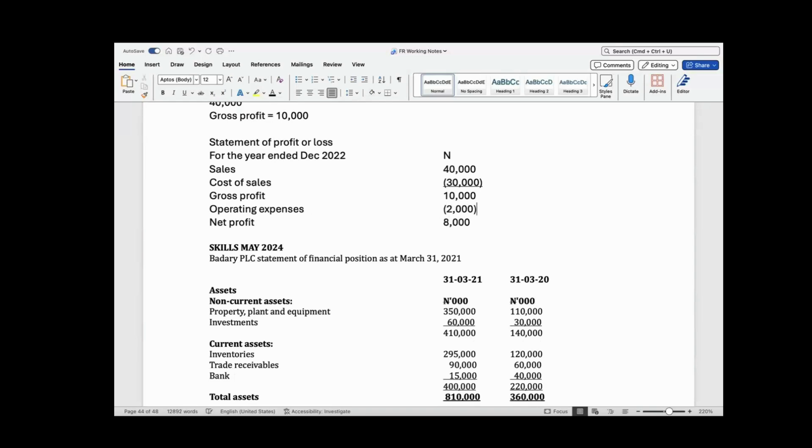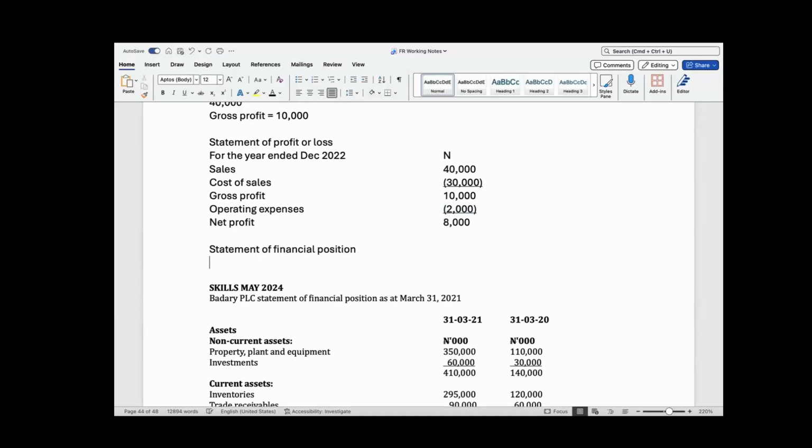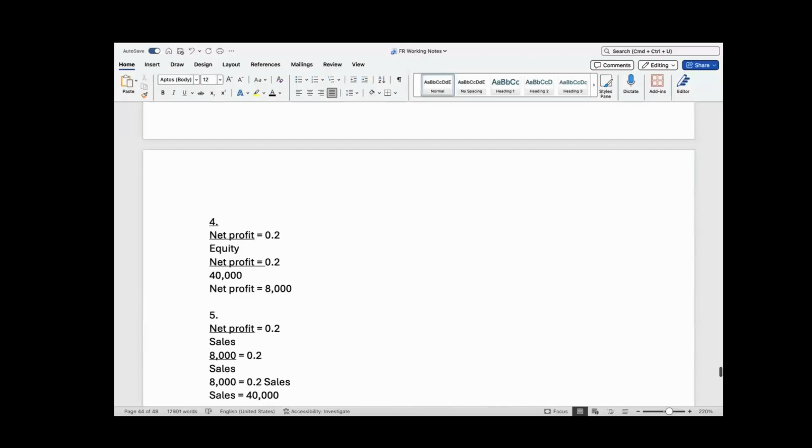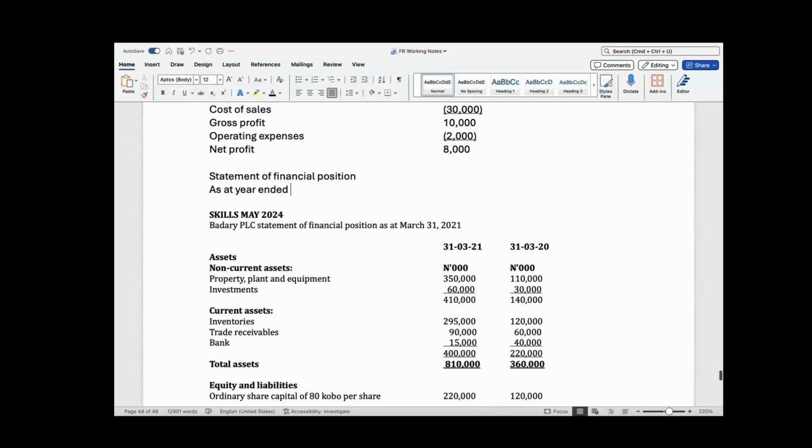So I know that my operating expenses is definitely 2,000. Then I can do my statement of financial position as at year ended December 31st, 2022.